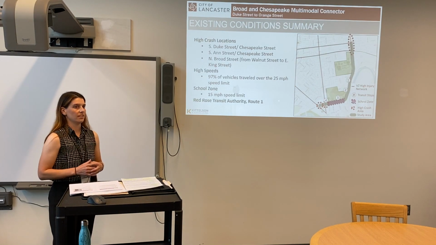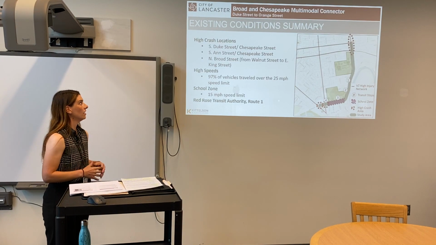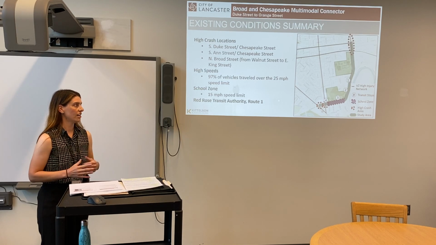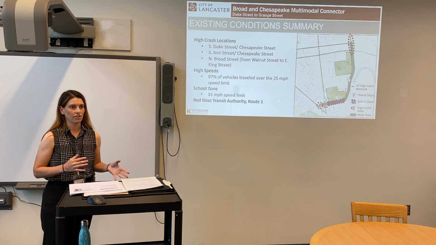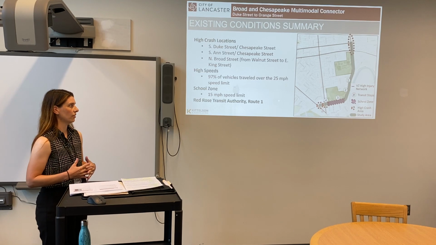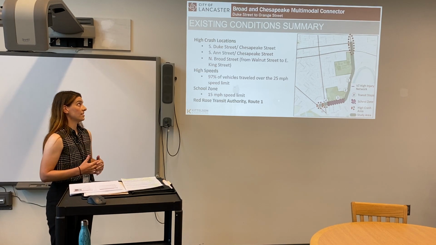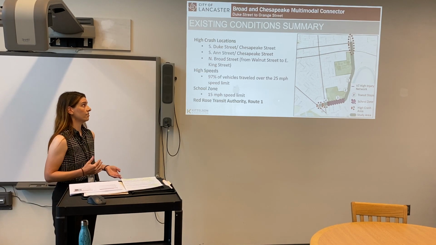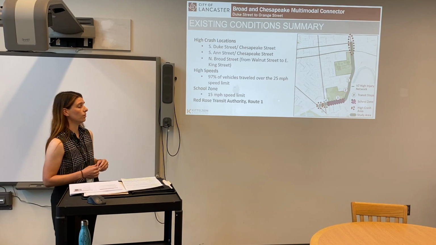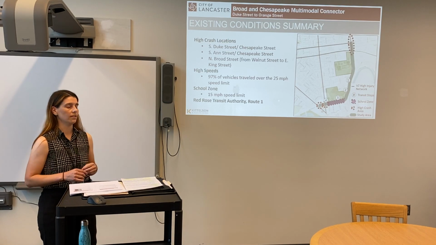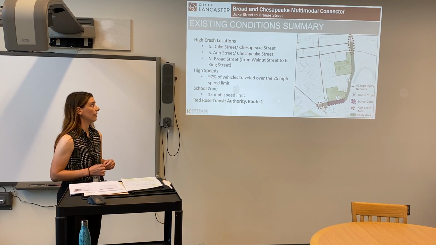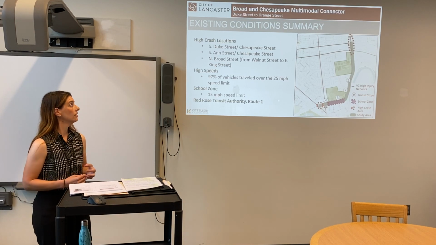Just a recap of the existing conditions analysis. There was a couple of high crash areas that were identified. These also overlap with the high injury network locations. So that's at South Duke Street, South Ann Street, and also the section of North Broad Street between Walnut and East King Street.